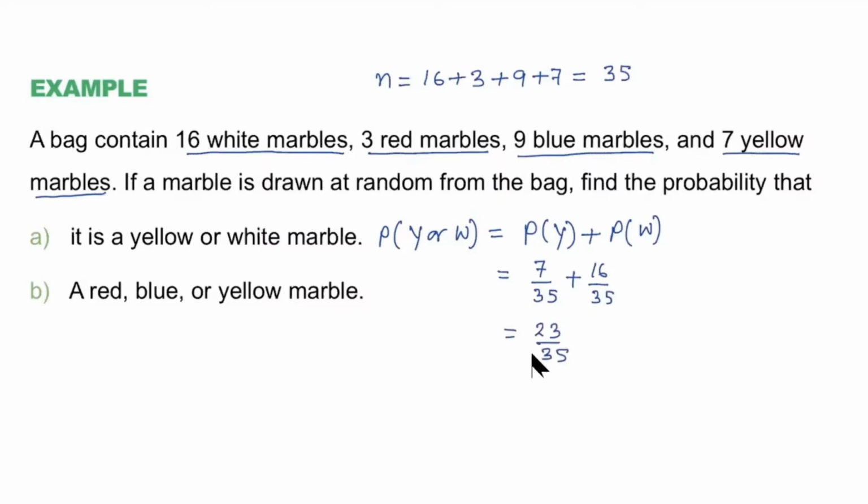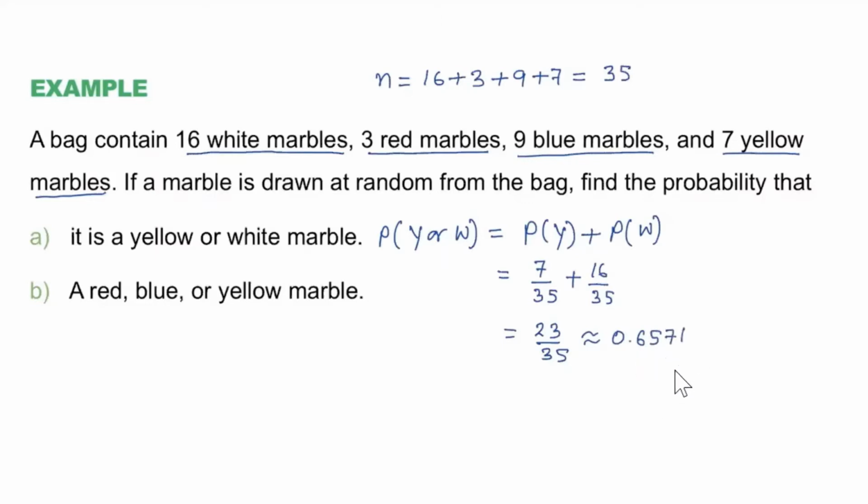That is the answer as a reduced fraction, but you can change this to a decimal. When you change this to decimal, you just divide 23 by 35, and you'll get approximately how much? Do it in your calculator. Did you get 0.6571? Yep.